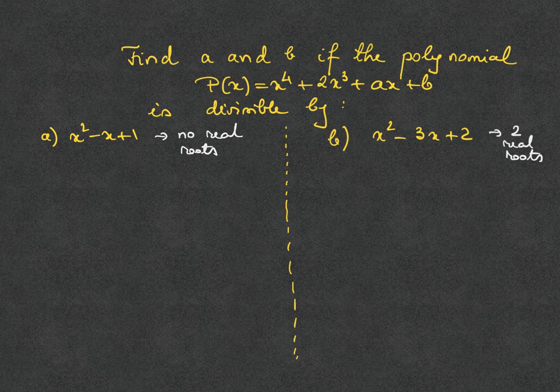Because there are no real roots, I'm going to do the long division. So pause the movie and try yourself. x to the power of 4 plus 2x cubed plus ax plus b divided by x squared minus x plus 1. So x to the power of 4 divided by x squared is x squared.